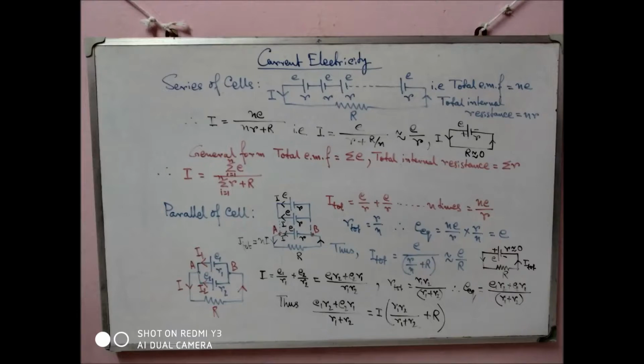Now, through each cell the current is coming, and they combine into a single current, that is the total current actually.